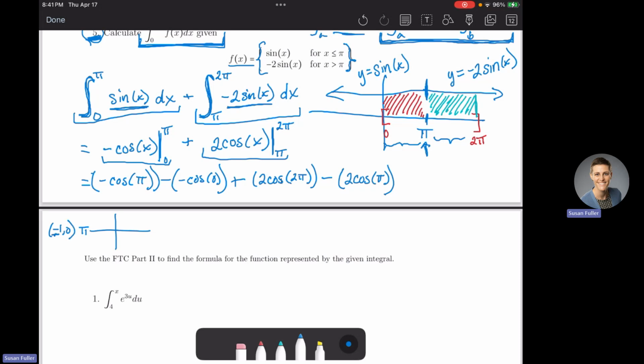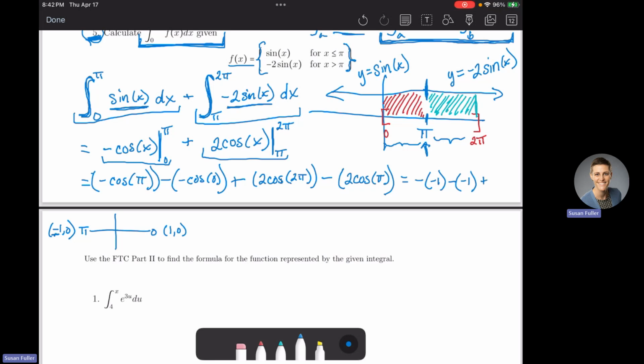Cosine is the x coordinate, so negative cosine of pi is going to be -1, minus negative cosine of 0. 0's over here, which has an ordered pair of 1, 0. The cosine of 0 is 1, so negative cosine of 0 is negative 1.